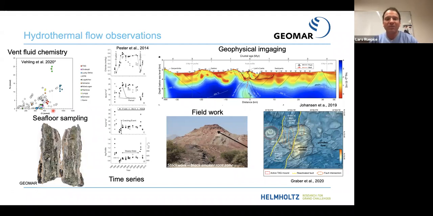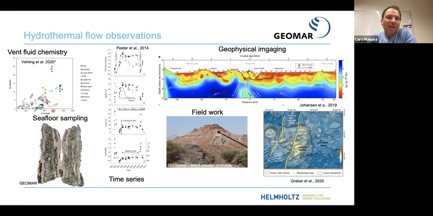We can look at seafloor sampling: we can sample these chimneys, and we can sample the rocks around. There's also some information from shallow drilling and sometimes from ODP drilling into what the rocks involved in the hydrothermal systems look like.